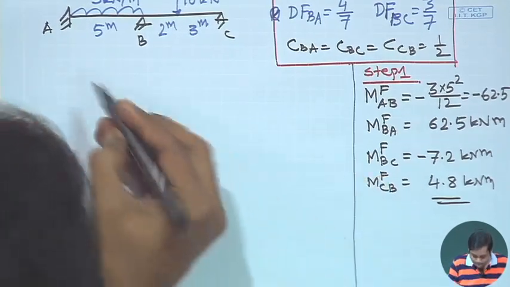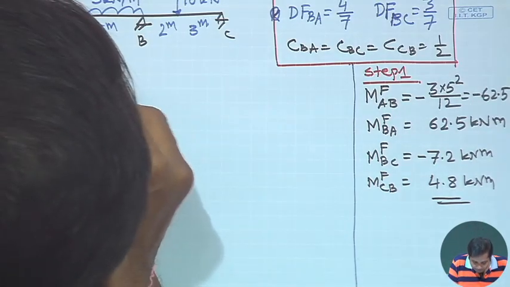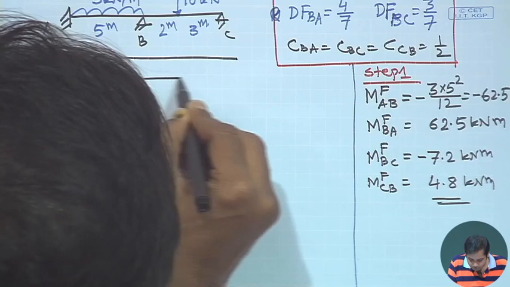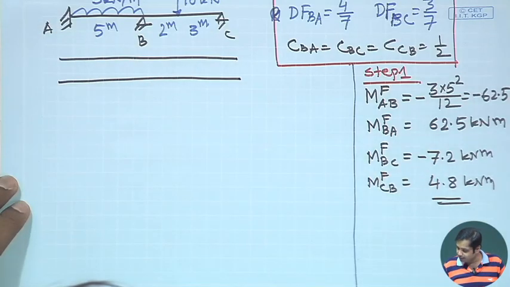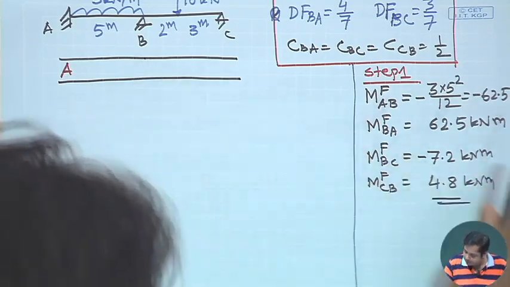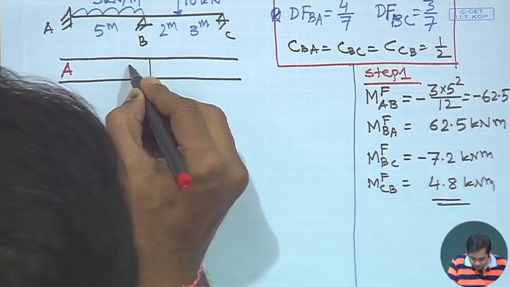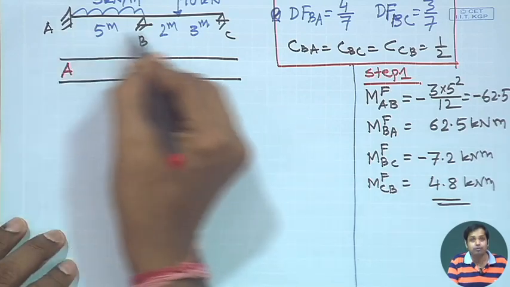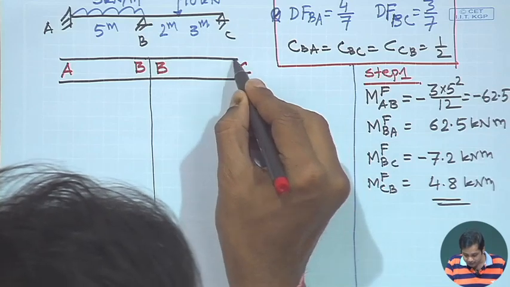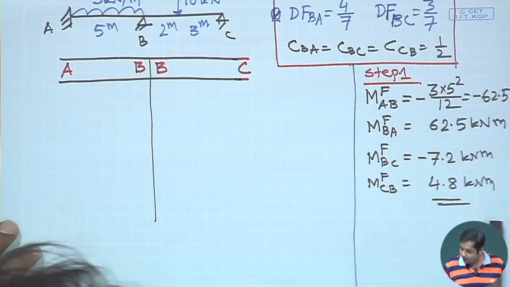Now we'll do the steps in a tabular form. First, this is end A, and let's take this as end B, where B belongs to AB, and again this is also end B, where B belongs to BC, and this is end C. Now we write the distribution factors and the carryover factors.